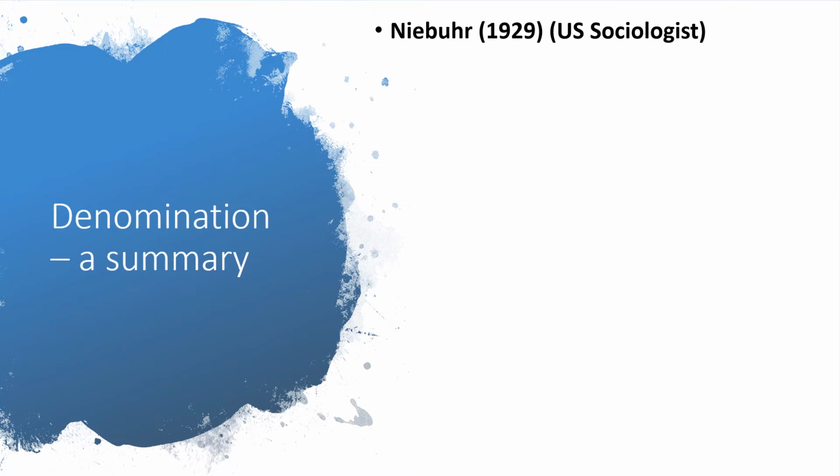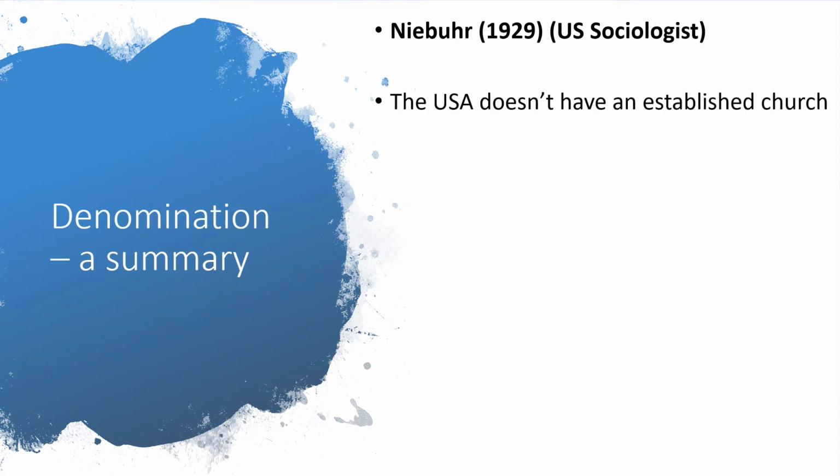And the United States has a very different system of organizing its religion, a very different history of religion to the UK. So remember, the United States as we know it was founded by the Pilgrim Fathers who set sail from Plymouth because they felt religiously persecuted. So the US has a very different view of religion.